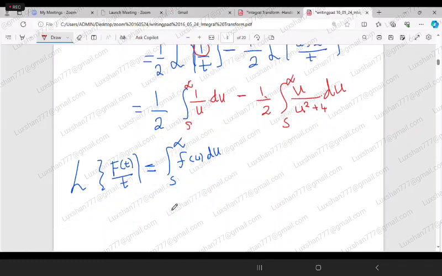So if we do the integration of this one, we get half ln u, where we have to substitute s to infinity, minus half. And what is the integration of u over u squared plus 4?